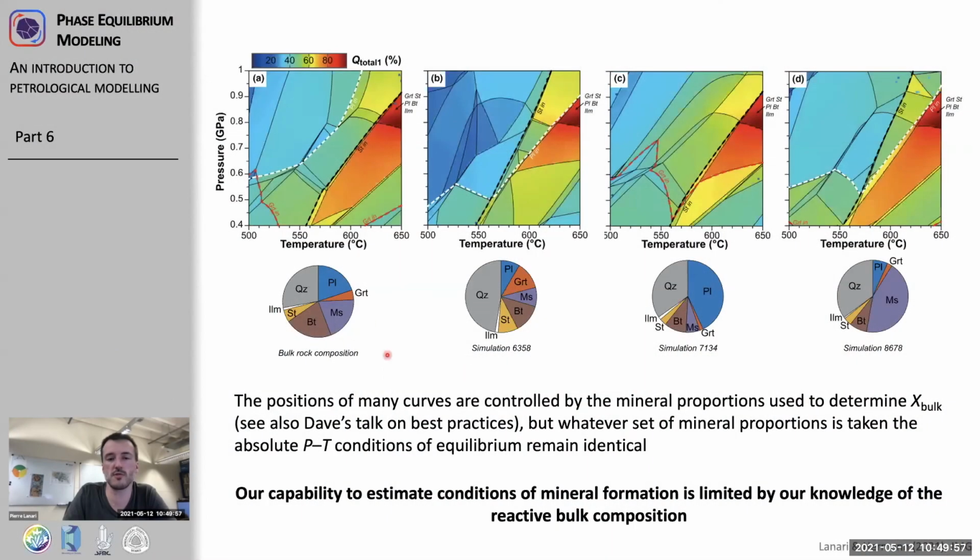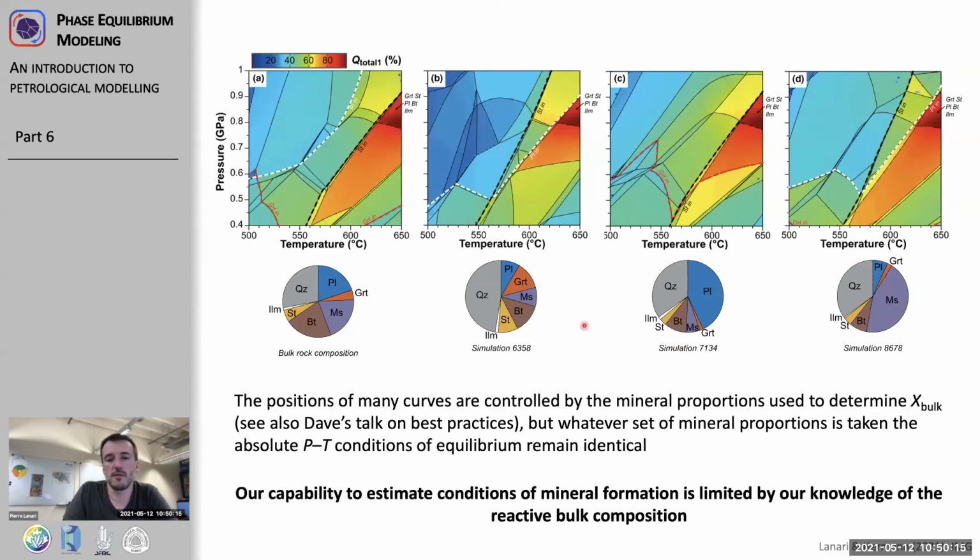For the second part of the question, it is complicated, and I would say it depends on what you want to do. I have an extra slide, and this is just the result of the 4 simulations that I showed you, with very different mineral modes. So if you use the bulk rock composition, or one of the simulations where you consider an area with a lot of garnet, or an area with a lot of plagioclase, or one with a lot of muscovite.